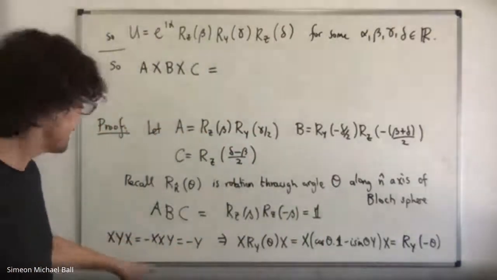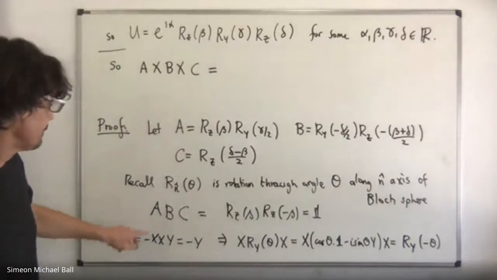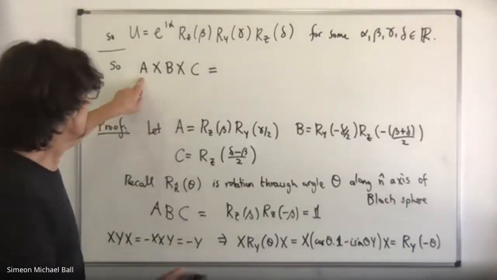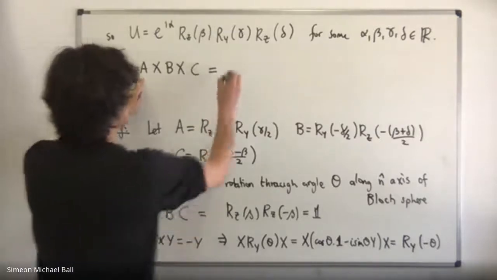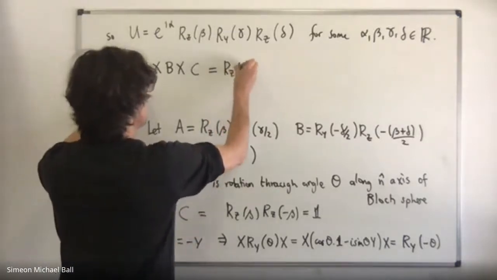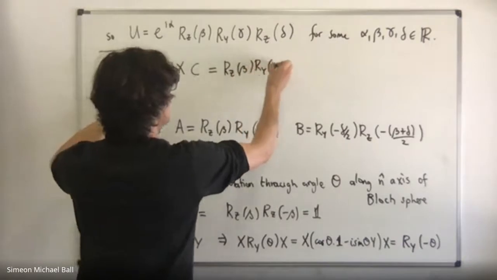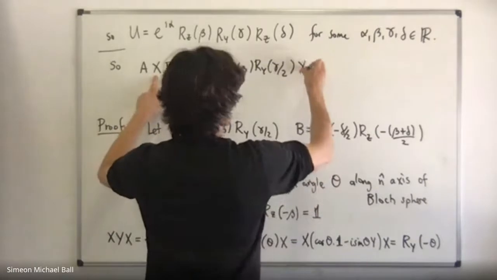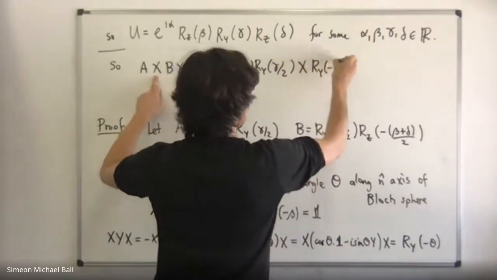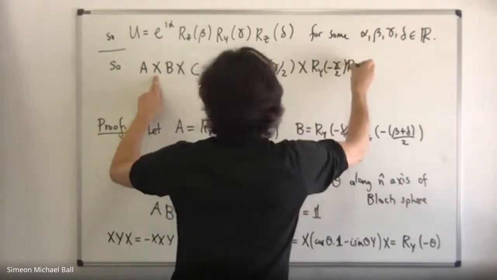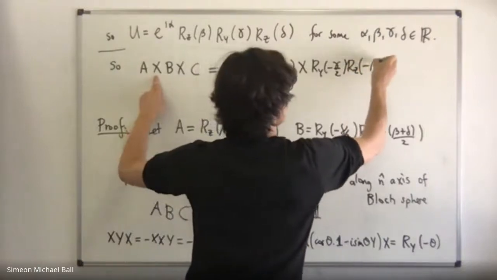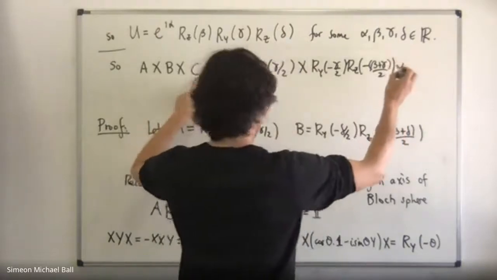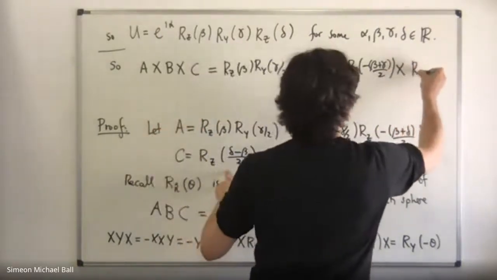But it's not so bad. It's actually not that much to do at all. Well, okay, let's just write it down. So we've got Rz beta, Ry gamma divided by 2, X, Ry minus gamma divided by 2, Rz minus beta plus gamma divided by 2, X, or maybe he's right, Rz.